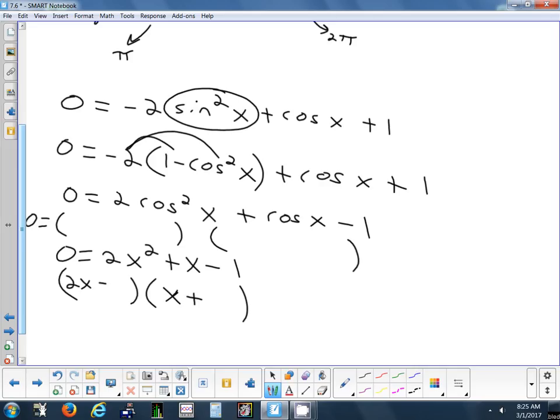Yeah, so up to this point, you don't have any choices. The only thing you can multiply to get 2x is 2x and x. Your signs have to be a minus and a plus. And what about two numbers that multiply to give you 1? The only choice you have is a 1 and a 1. So the only thing I could have done different here is switch the signs. And if this doesn't work and switching the signs doesn't work, then there's no way to factor it. But does that work? How come?